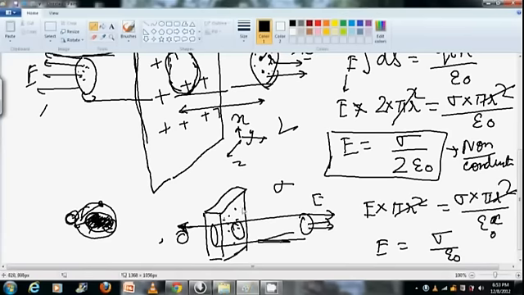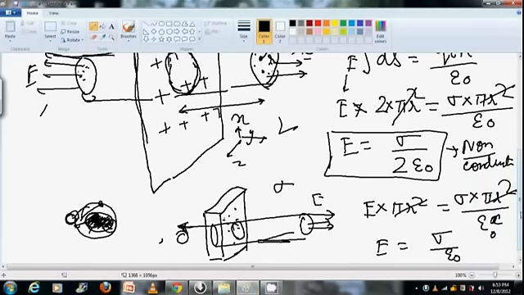So for electric field, if the surface charge density is sigma, for a non-conducting plate it was sigma by 2 epsilon naught, but for a conducting plate it is sigma by epsilon naught.